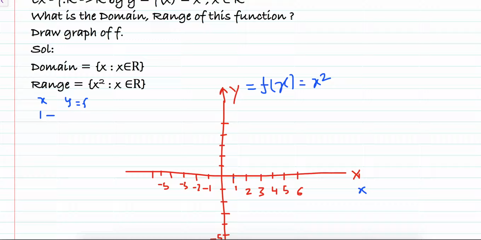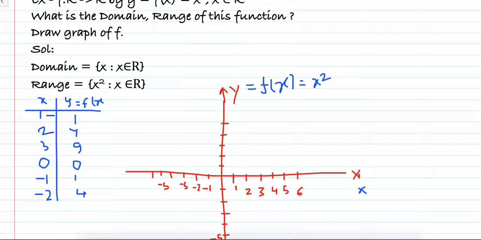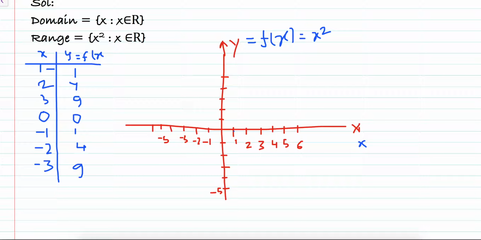The square of 1 is 1. If we have 2, then 4, 3, then 9, 0, then 0, -1, then 1, -2, 4, -3, 9, and so on.